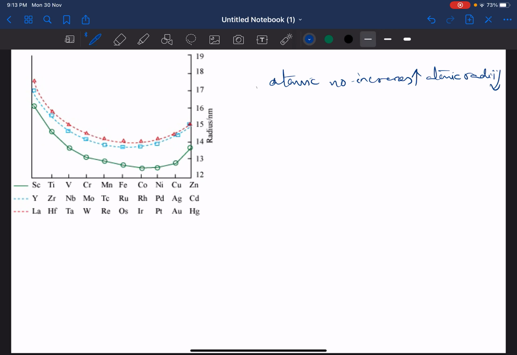This is because the new electron enters a d orbital, and each time the nuclear charge increases by 1 unit. As the electron count increases, the nuclear charge increases by 1 unit.